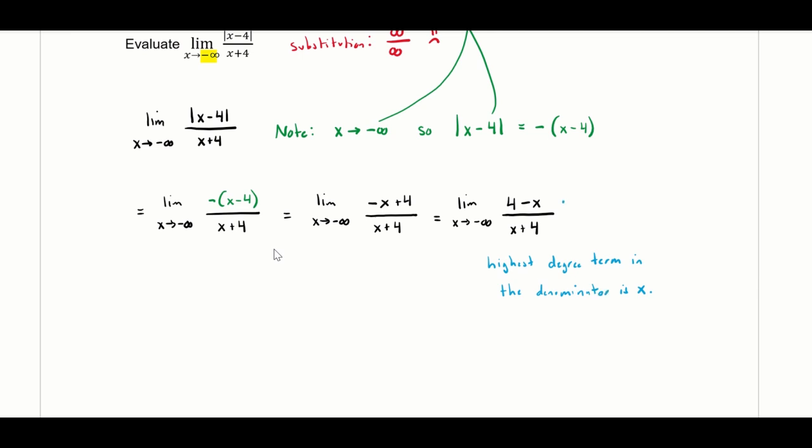So I'm going to take my numerator and multiply it by 1 over x. I'm going to take my denominator and multiply it by 1 over x. So the limit as x goes to negative infinity. And now I have 4 divided by x minus x divided by x over x divided by x plus 4 divided by x.